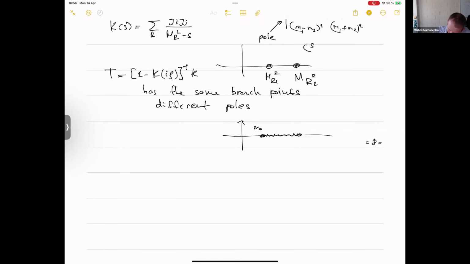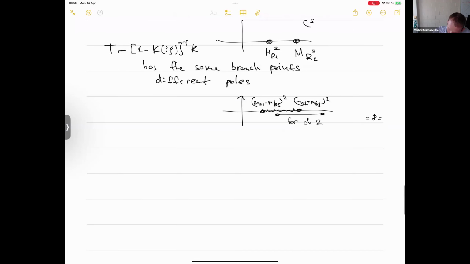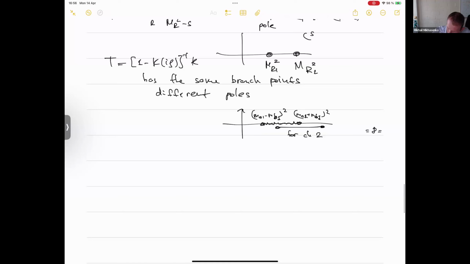So this is (mA1 minus mB1) squared, and there might be more if it's a coupled channel, for the channel 2, and there are a bunch of poles in the complex plane.